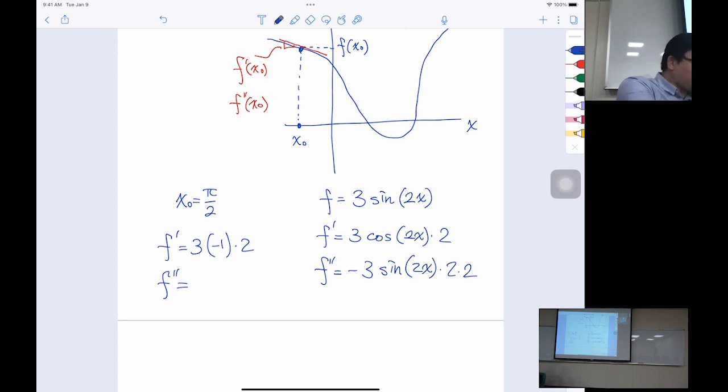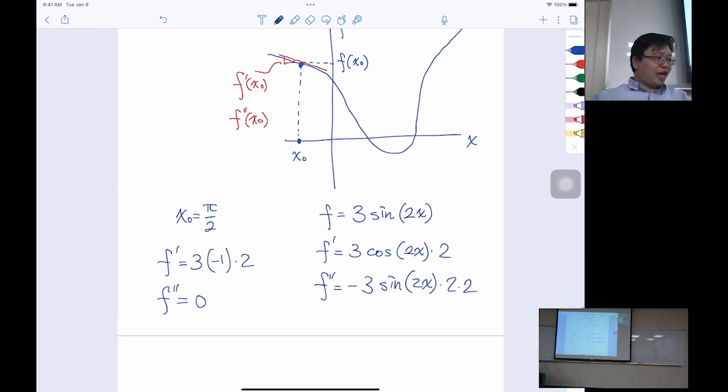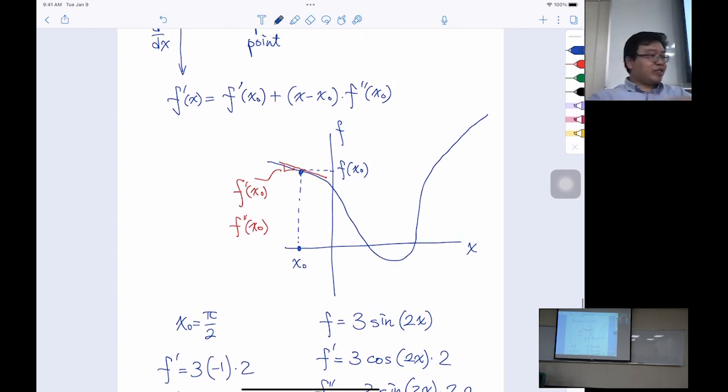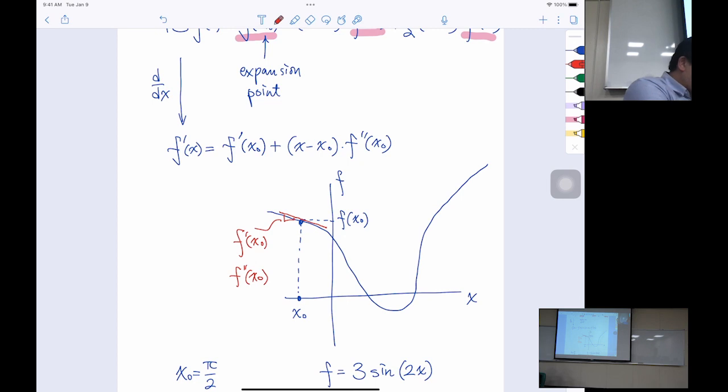Oh no, sine pi is 0. So this is 0, something like that. So I have a sine function, and at some expansion point I just evaluate those two values.